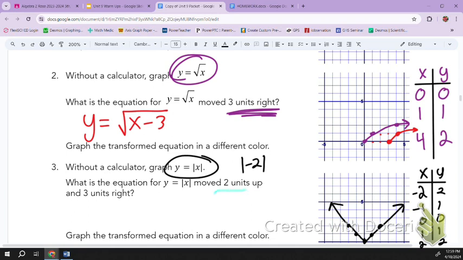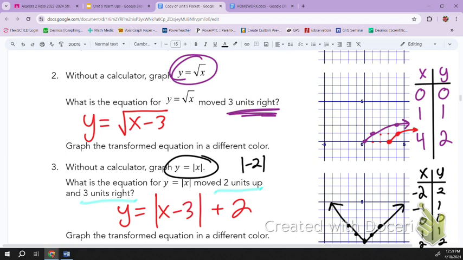Now they're doing a combination. We need to move it up 2 units and 3 units to the right. So what is this equation going to look like? Up 2. Does that go on the inside or the outside of the parent function? Outside, good. So plus 2. What should go on the inside to move it right 3? Minus 3.